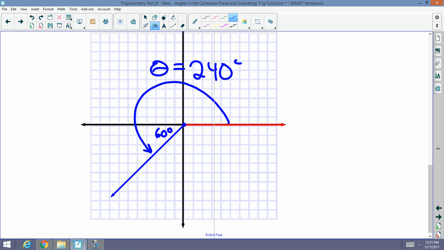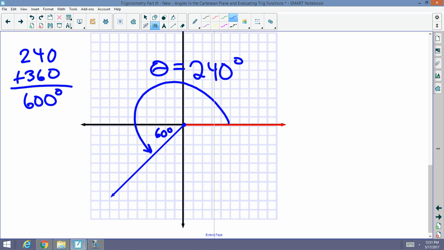I just drew an angle of 240, correct? Now, I want a coterminal angle. Guys, what's 240 plus 360? 600.